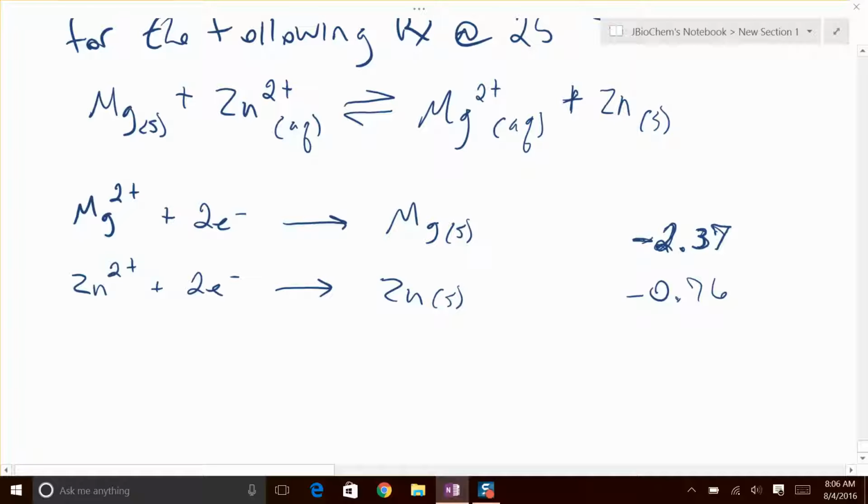Okay, so E naught of the cell equals E naught of the cathode minus E naught of the anode.